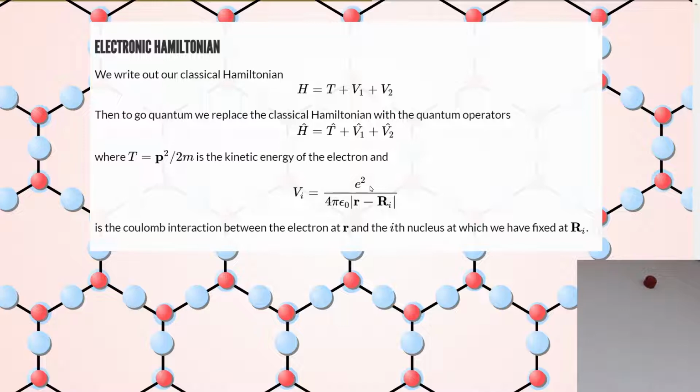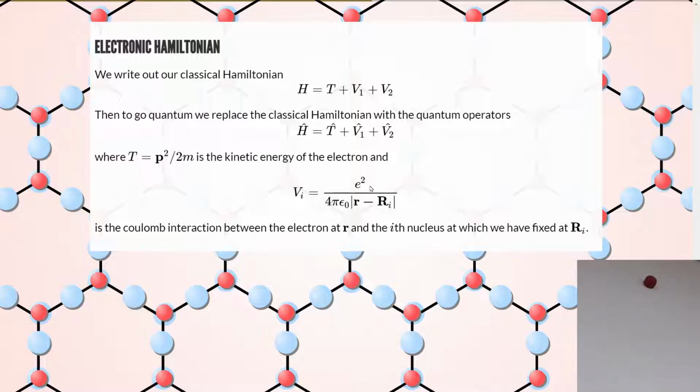For hydrogen, it's a single proton, so it carries the charge of plus e, and the electron carries the charge of minus e, so it's e squared over 4 pi epsilon 0 times the absolute value of the distance vector between the electron position and the core position. So that's our interaction energy of the electron with the core.